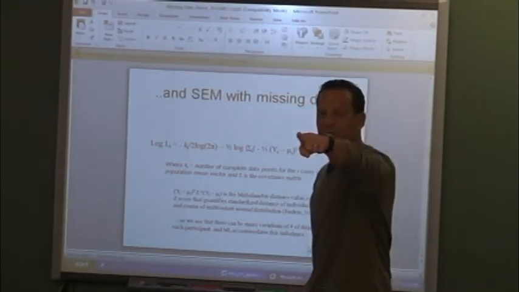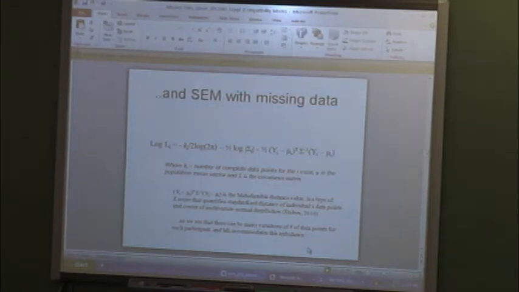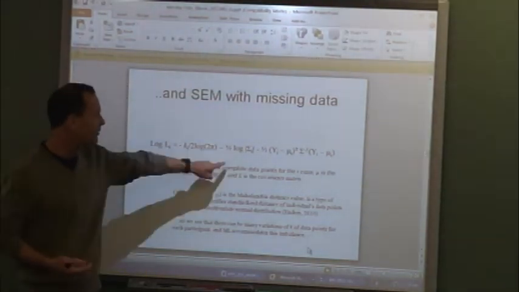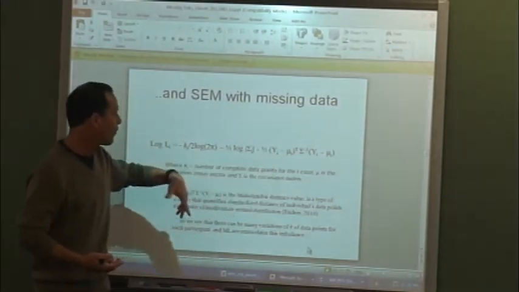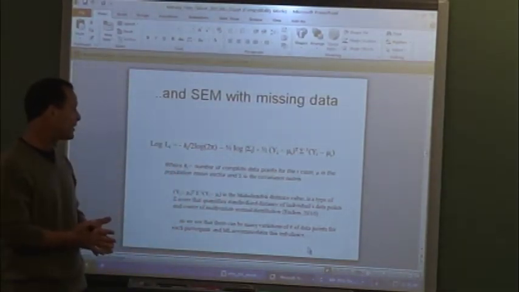So if you answered all the items, if you missed 2, if you missed 3 items, Jocelyn misses 4, Stacy misses 3, Zach answers all, it'll go ahead and use all the available information. Create a matrix for each one of you: a variance-covariance matrix and a mean vector for all these variables.